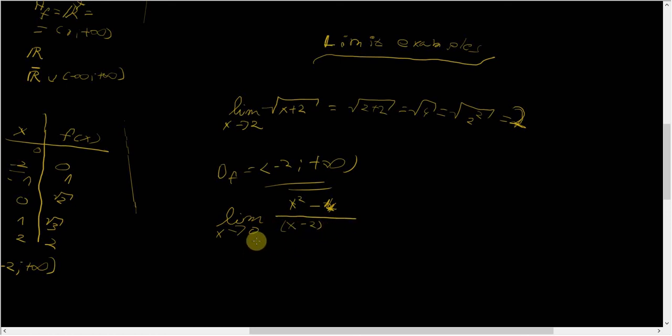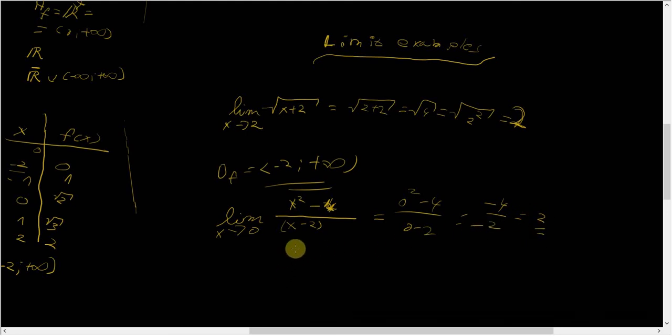Now, you could just plug in, sometimes you can plug in a number, you don't have to do anything fancy with the limit. If we plugged in 0 squared minus 4 and 0 minus 2, we would get minus 4 over minus 2, which is basically 2, and that would be problem solved.